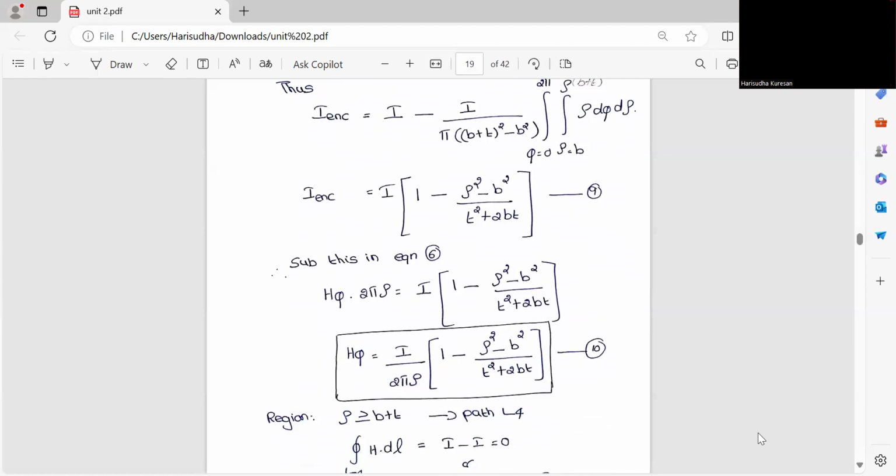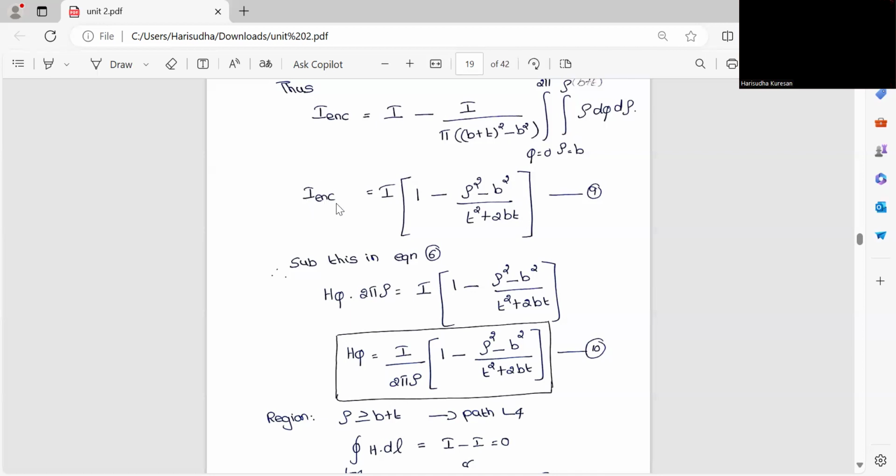So this equation 5, equation 6 will become H phi times 2 pi rho will be equal to I times, that is, the enclosed current is nothing but the integral of H dot dl, right?